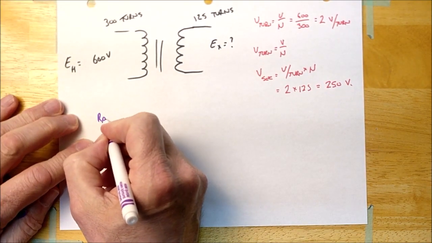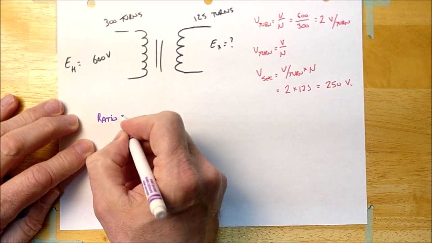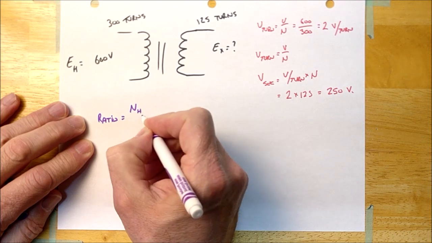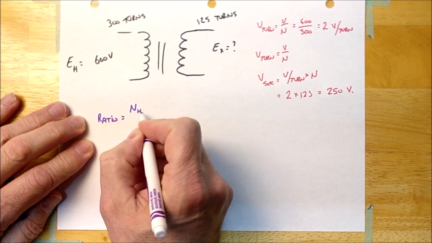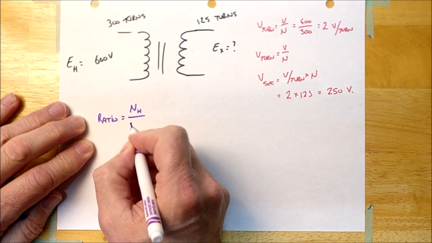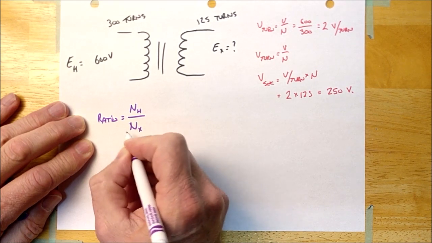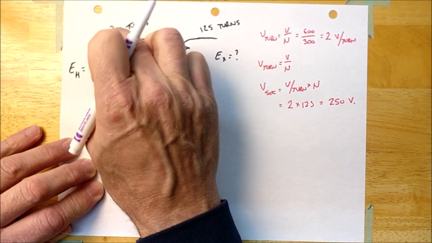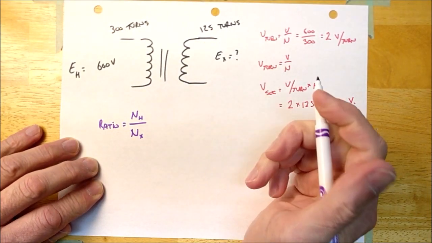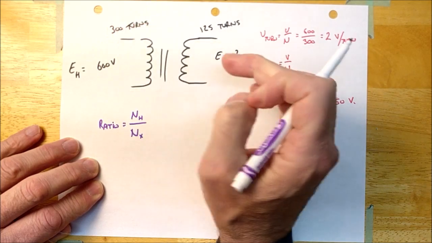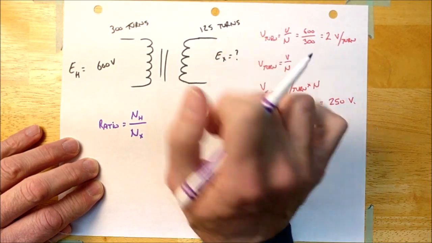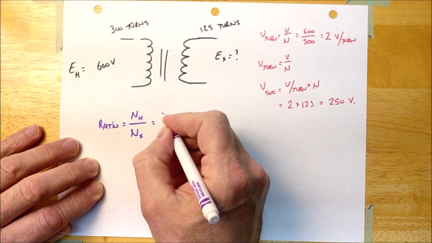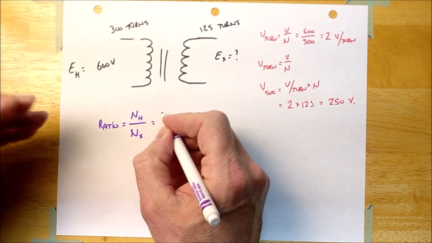The ratio of this and every transformer is always going to be the number of turns on the primary, on the high voltage side, I should say, over the number of turns on the secondary or on the low voltage side. I keep interchanging those, but in this case, it's the number of turns on the primary over the number of turns on the secondary. It is actually the number of turns on the high voltage side over the number of turns on the low voltage side. So in this case, the ratio of this transformer, guys, it's called the turns ratio, by the way.